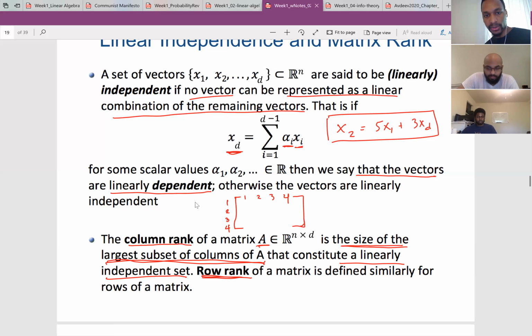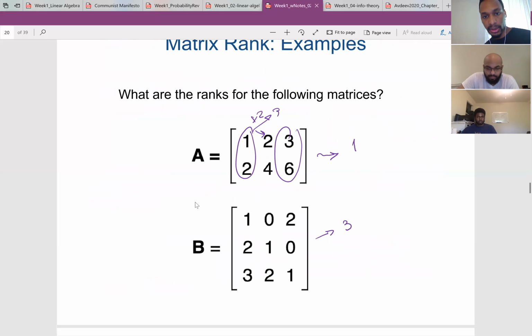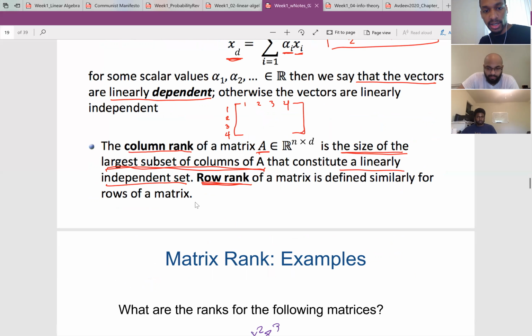So for example, for this matrix A, we should note that row rank will always be equal to, is that right? Yeah, I think so. Row rank is always equal to column rank. For square matrix.